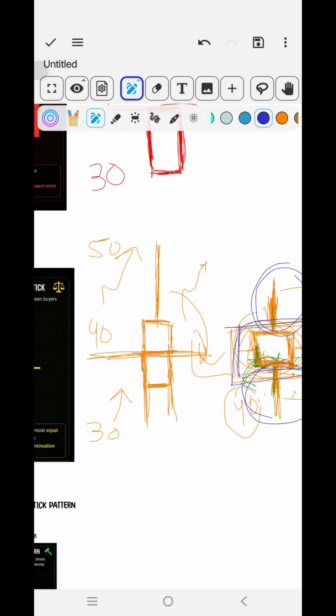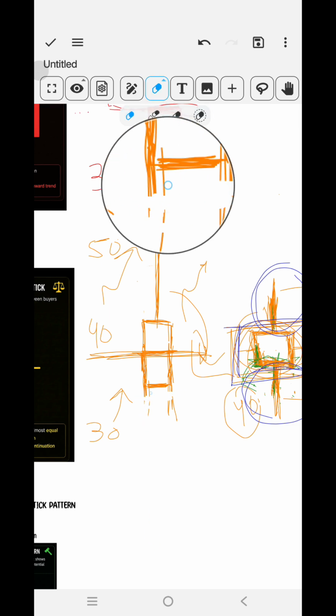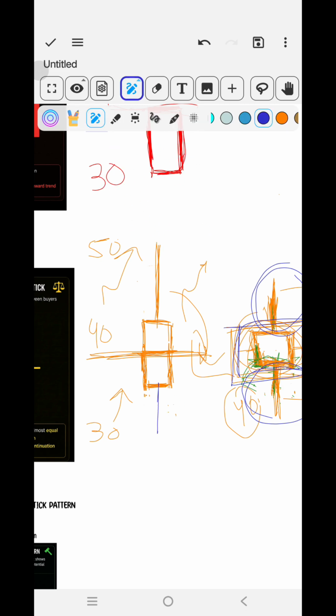Now the wick will form here because buyers are pushing the market. This is known as a doji candle, where neither buyers nor sellers are in control of the market.